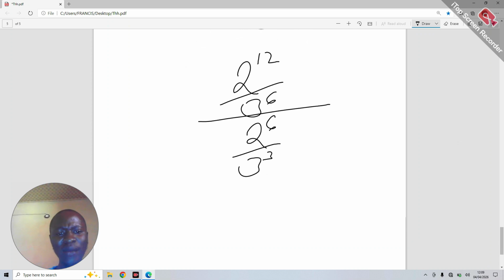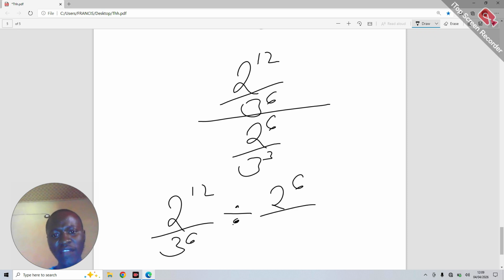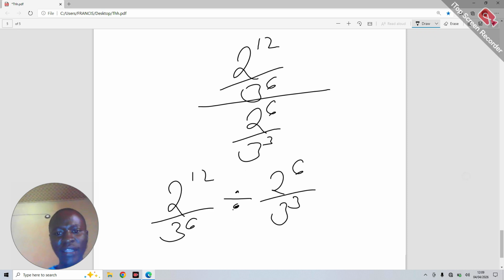They're not using a calculator, which is right. Then they rewrite it, 2 power 12 all over 3 power 6, all over 2 power 6 divided by 3 power 3.